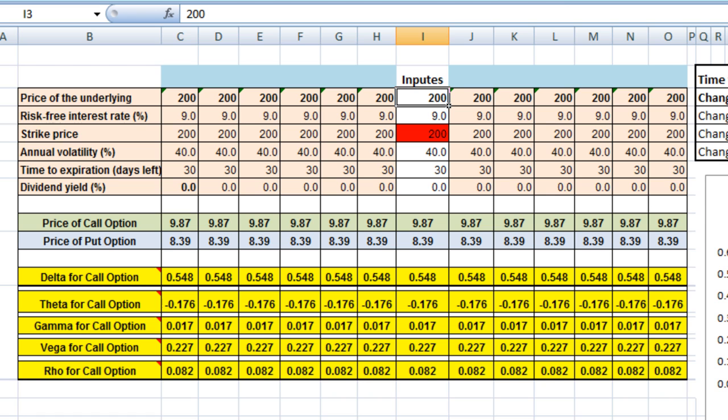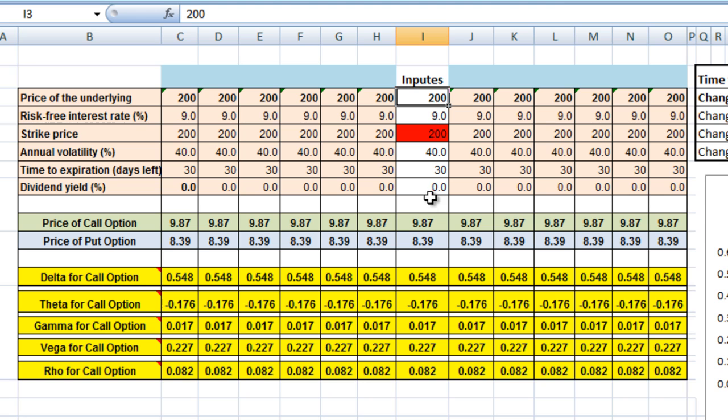Now let's understand the properties of the delta option Greek by using an option calculator. The inputs here: 200 is the price of the underlying asset, the strike price is 200, annual volatility is 40%, time to expiration is 30 days, so the contract is for 1 month.